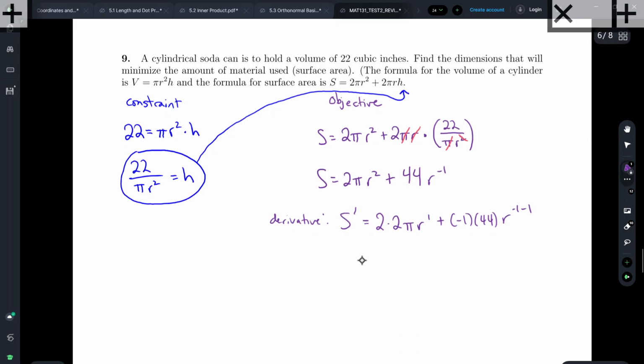Right, so now let's simplify this. So 2 times 2 is 4, so 4 pi r, and then minus 1 times 44 is minus 44, and then negative 1 minus 1 is r to the minus 2 power. Okay, so let's further simplify this. So this is 4 pi r minus 44 over r squared.